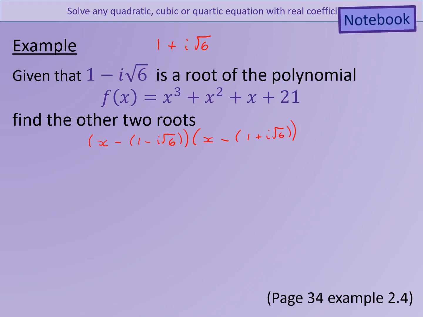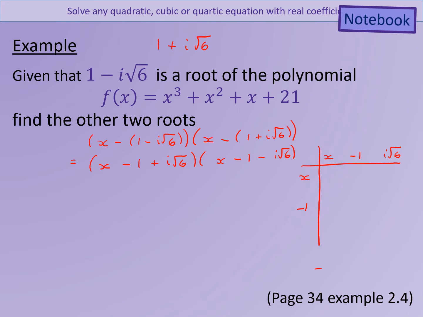Now you can multiply this out however you prefer. You can either multiply the brackets or you can do a grid method. If you do a grid method, we're going to get x minus 1 plus i root 6, x minus 1 minus i root 6. So in a grid, I'm going to put x minus 1 plus i root 6, x minus 1 minus i root 6. I'm just going to multiply that out.